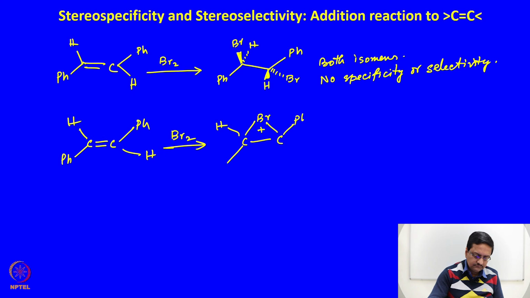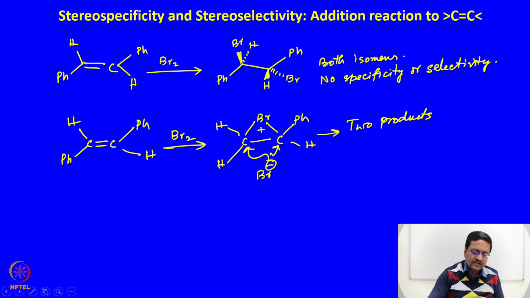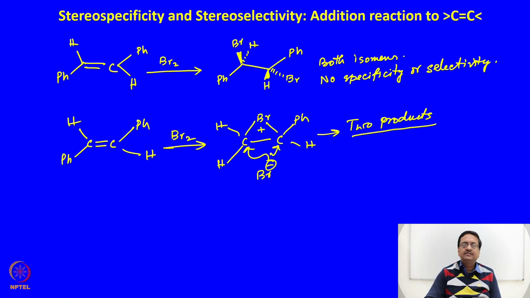And Br minus can equally attack on this or that carbon to give rise to products which are a pair of enantiomers. Therefore, these reactions do not have any stereospecific or stereoselective control, as we already have seen in our previous lectures. So from here we will continue in the next class.